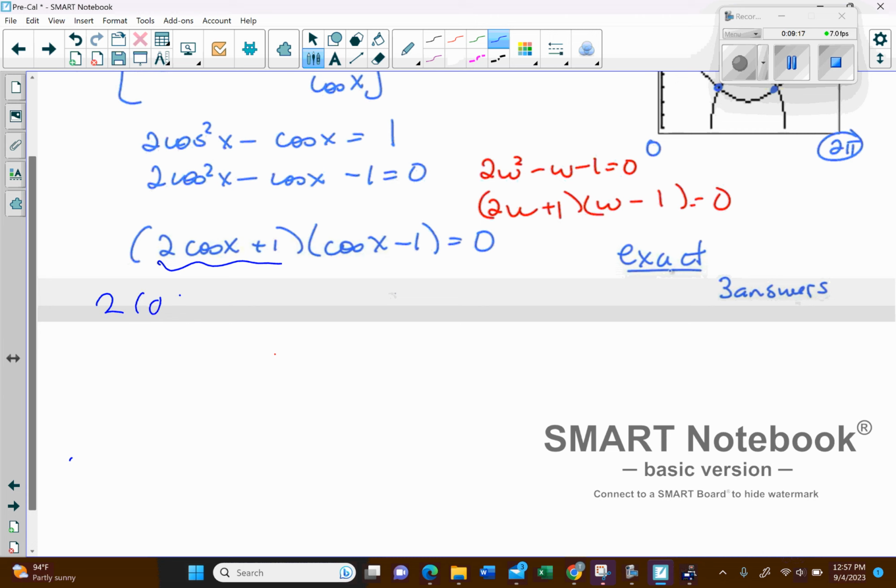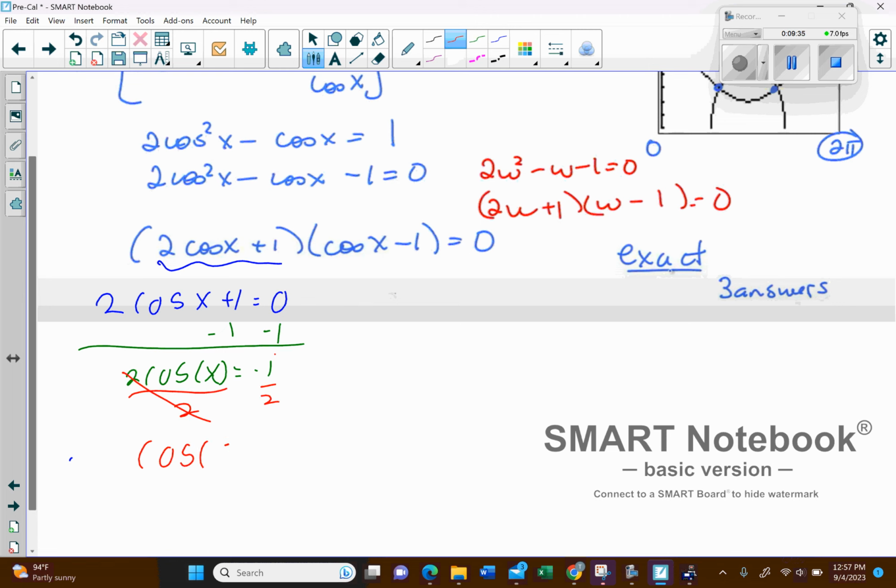So 2 cosine of x plus 1 equals 0. We're going to subtract 1 and then divide by 2. So we're looking at when cosine is equal to -1/2.